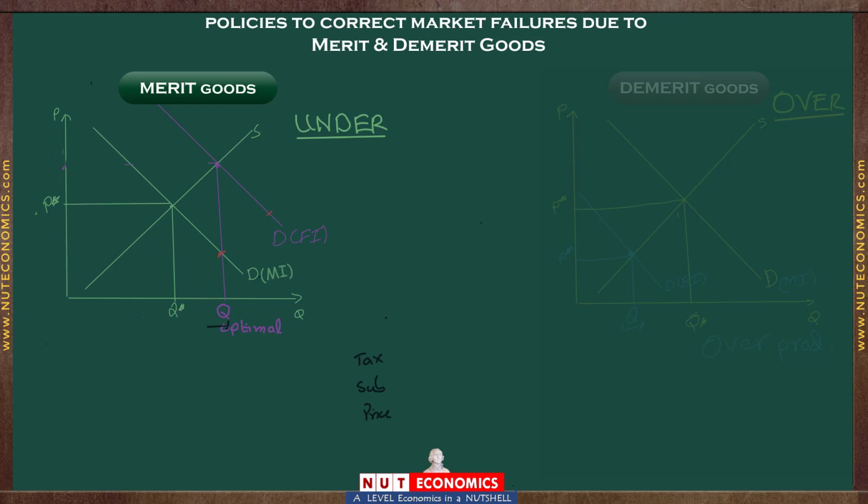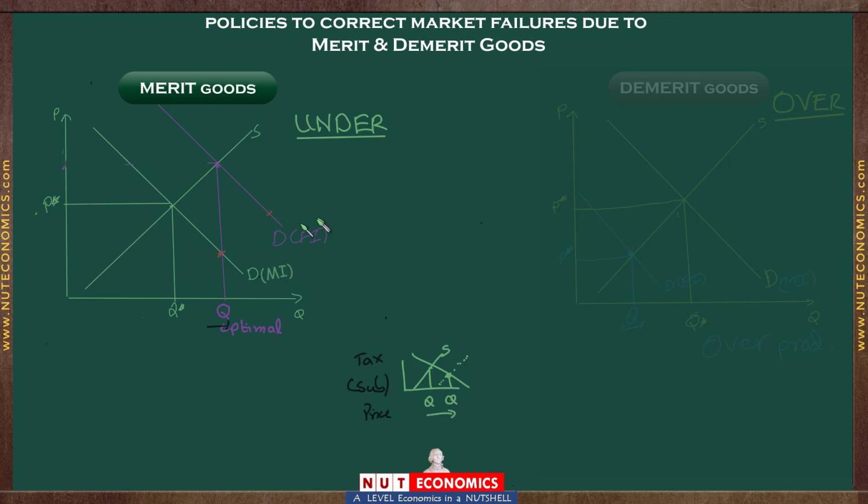So if you remember, when we talked about subsidies, we said that a subsidy helps the producers lower their cost of production and therefore encourages them to produce more. And in terms of a model of demand and supply, we said that starting from a certain equilibrium quantity, if the government comes in and subsidizes a product, then the supply curve will shift to the right, and in the new equilibrium, the quantity produced would increase.